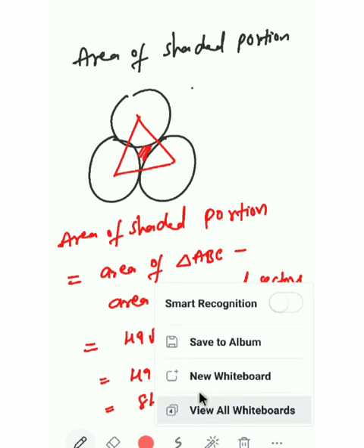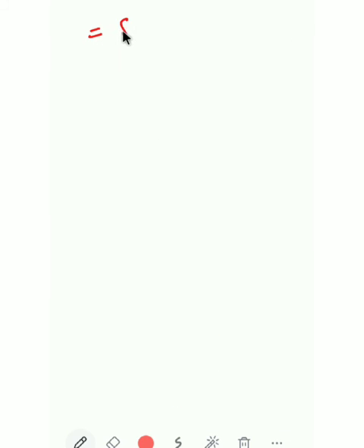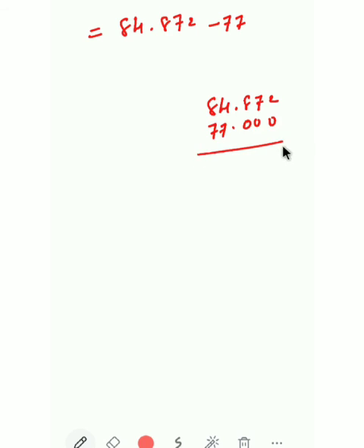Once again, 84.872 minus 77. What is the difference? 7.872. So 7.872 centimeter square is the area of the shaded portion.